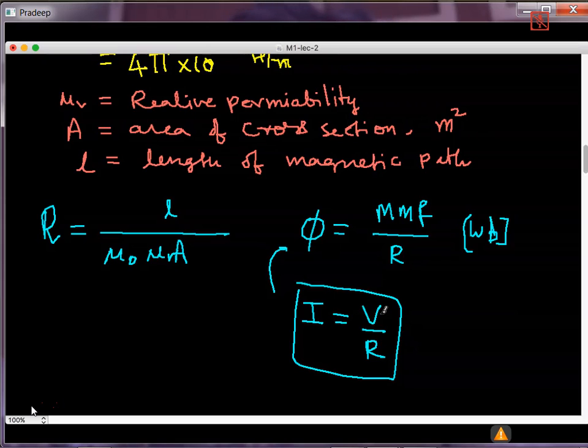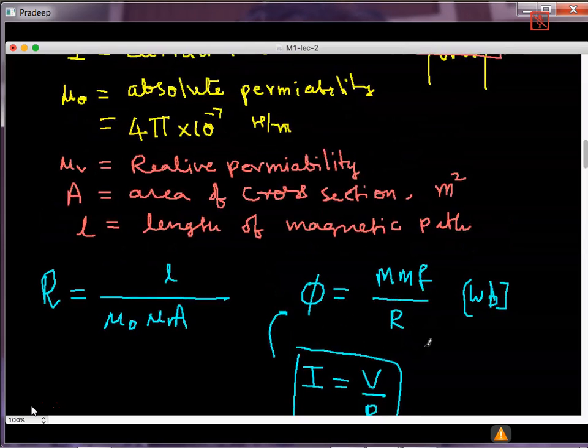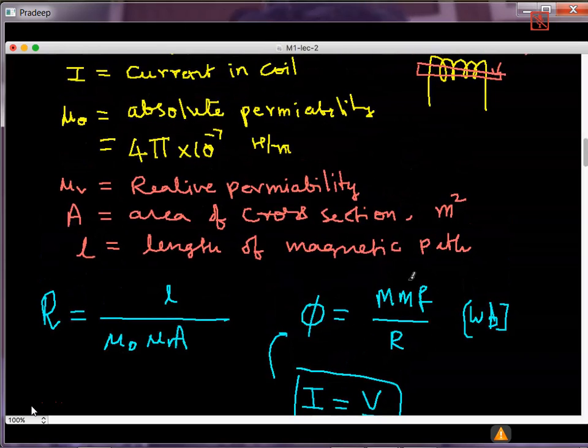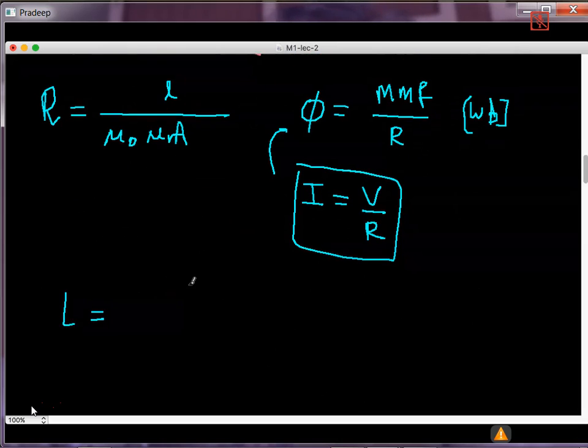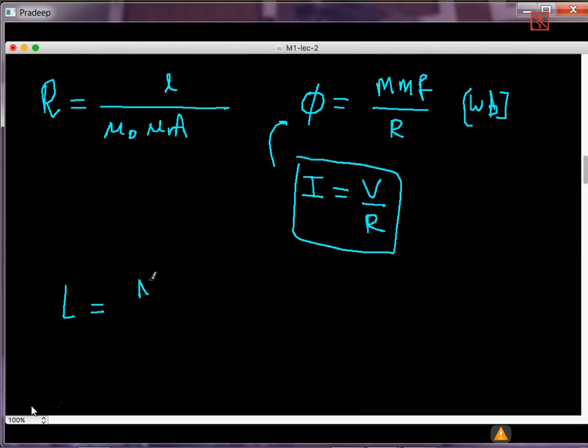Once you know the flux, you can also define what is known as the inductance. I'll directly give you the formula. Just a minute, let me check my notes.